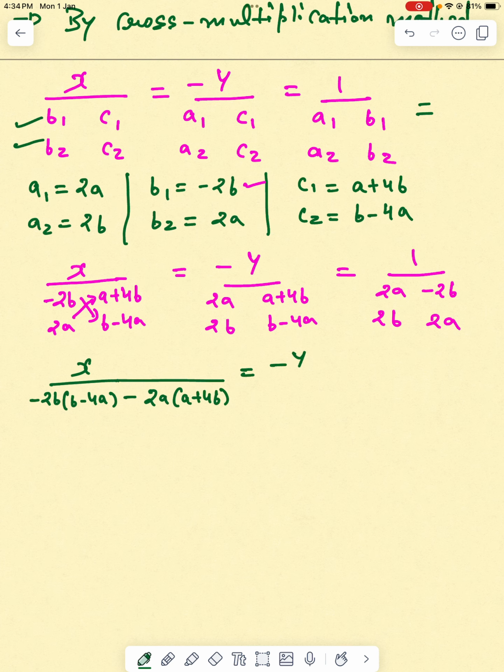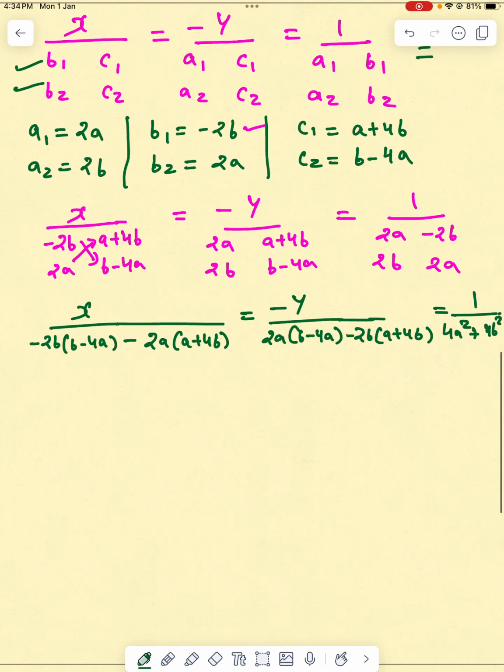Similarly, minus y upon 2a multiplied with b minus 4a, minus 2b multiplied with a plus 4b, and 1 upon, what you will get, 2a multiplied by 2b is equals to 4a square minus of minus, you get plus 4b square. So that is the next step.